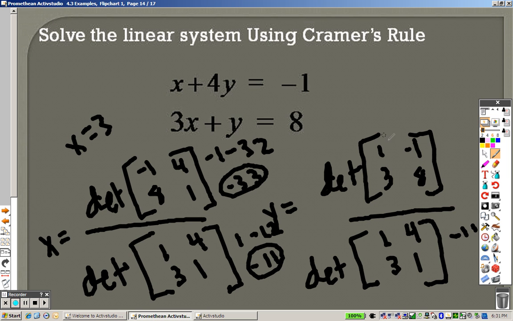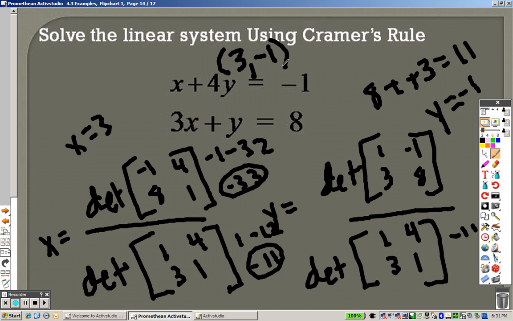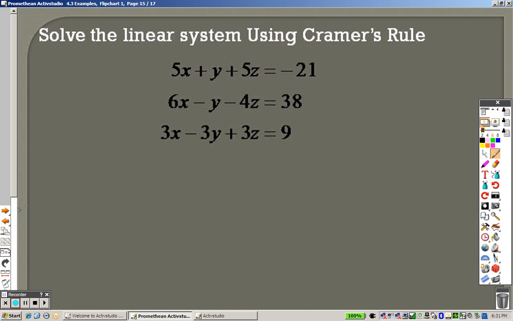It's the same on both, the bottom. So that is 8 minus a negative 3, which is like saying plus a positive. So this is like saying 11 divided by negative 11, which is negative 1. So the point that works to solve this is 3, negative 1. So if you plug that in for both of those, that will give you the answer. And when we come back here, I will show you how to do a 3 by 3.